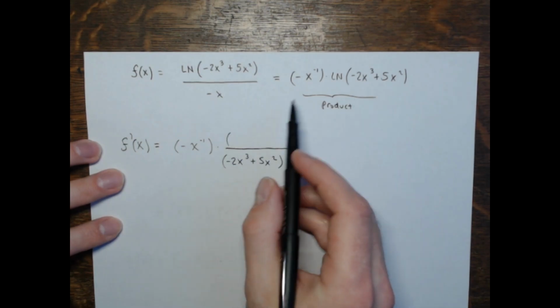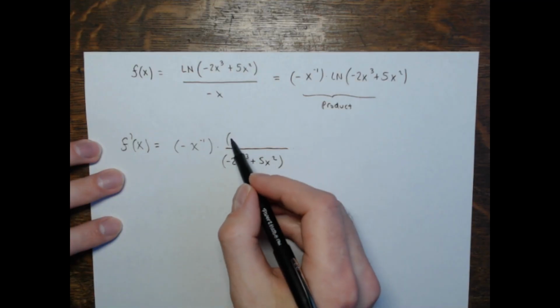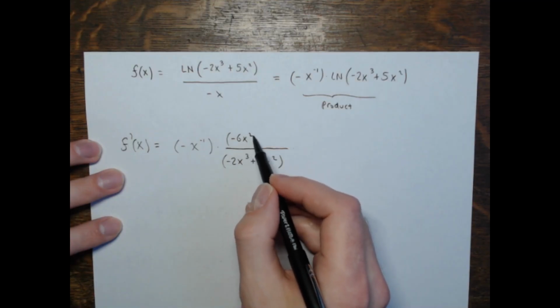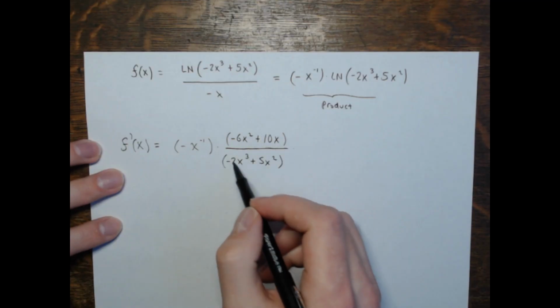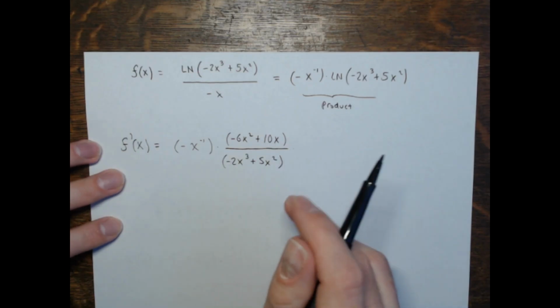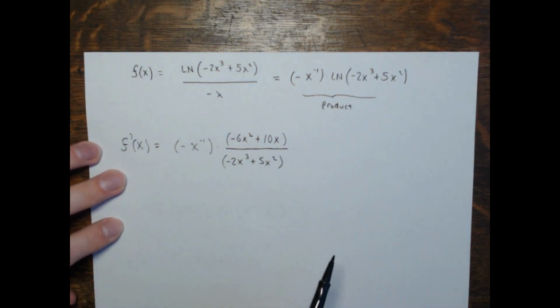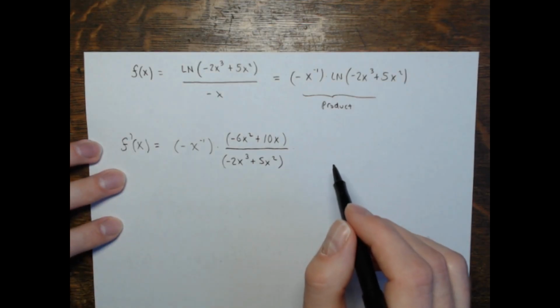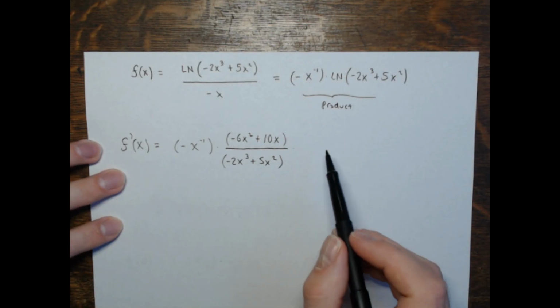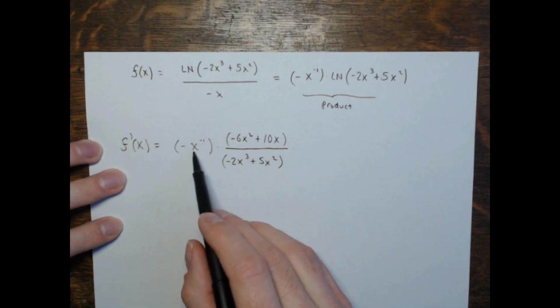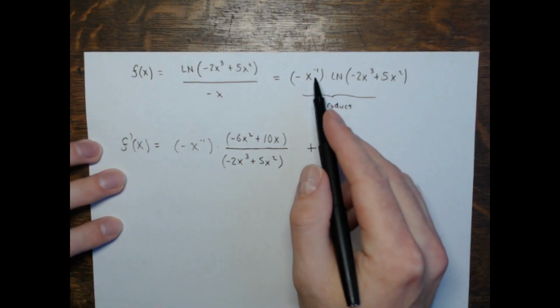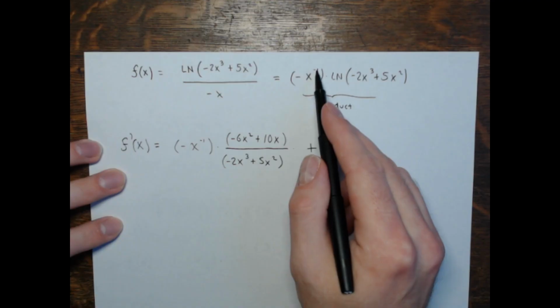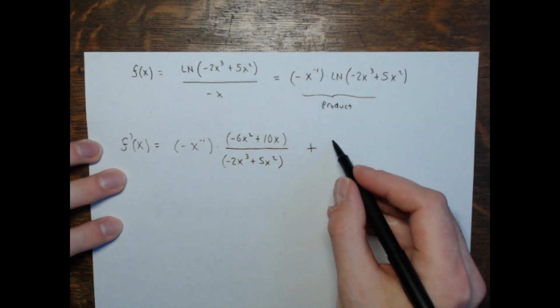So the numerator now has -6x squared plus 10x. So again, we can simplify this by factoring out x's and whatnot. I'm just not gonna do that. So there's first times the derivative of the second, then plus, and then the derivative of the first factor will be positive x to the -2nd.